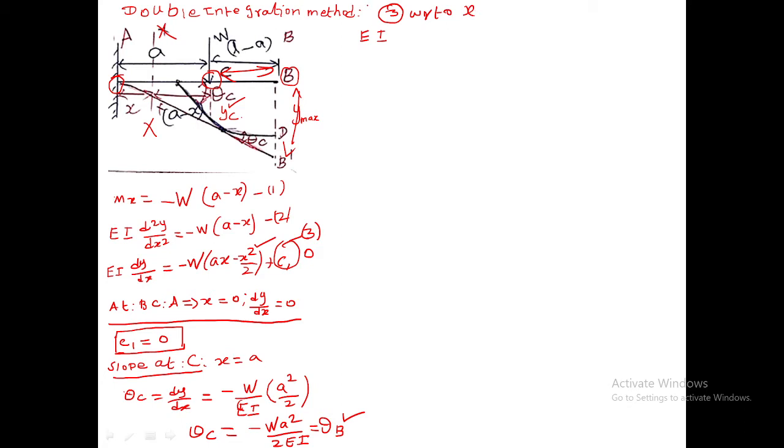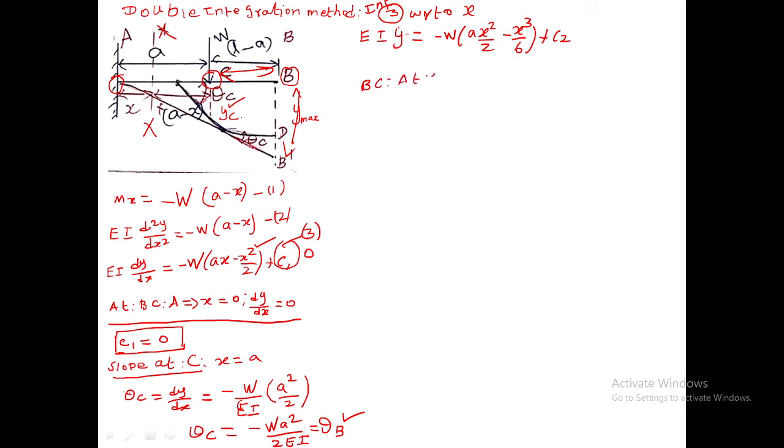Integrating equation 3 with respect to x, EI into y equal to minus W into (a x square divided by 2 minus x cube divided by 6) plus C2.